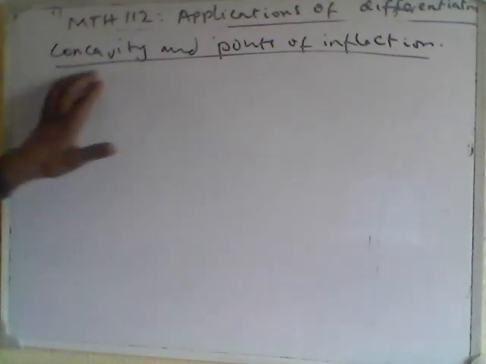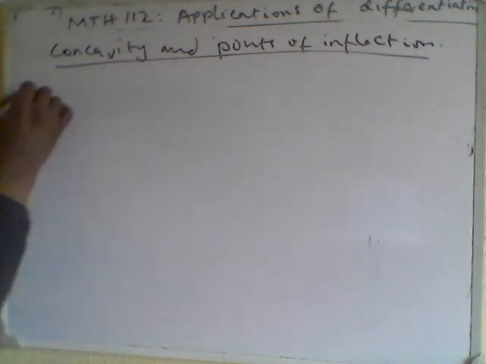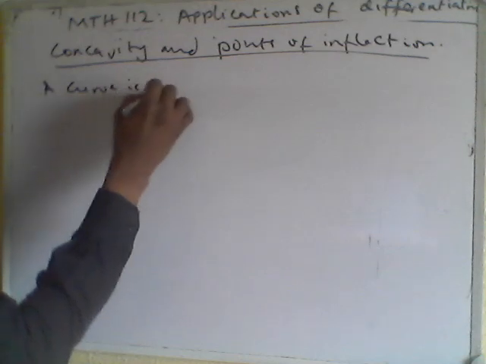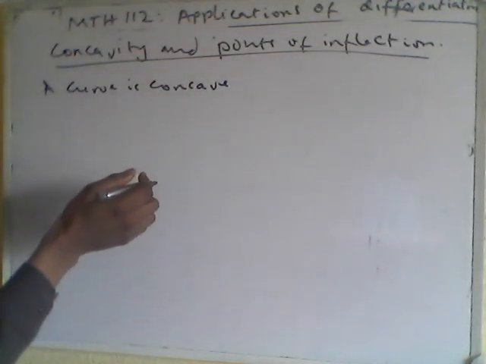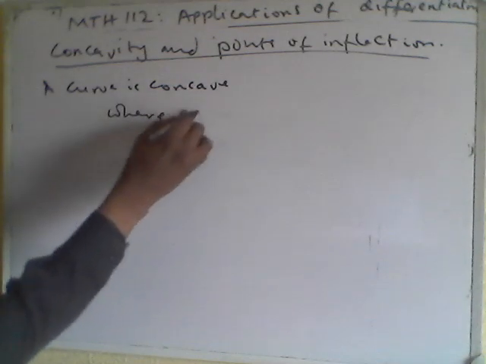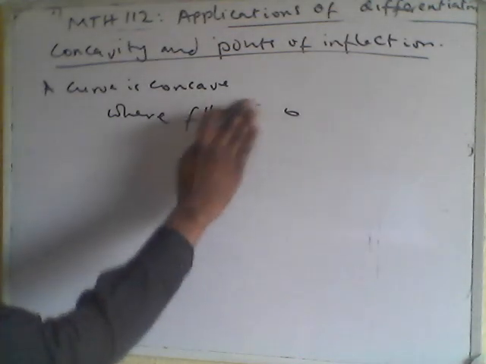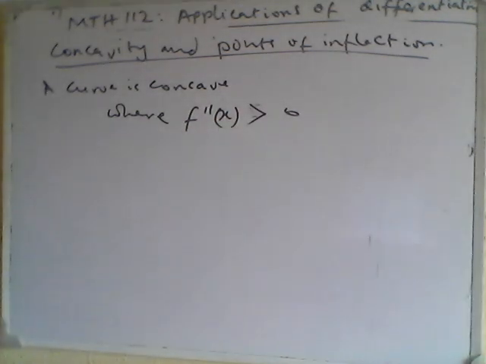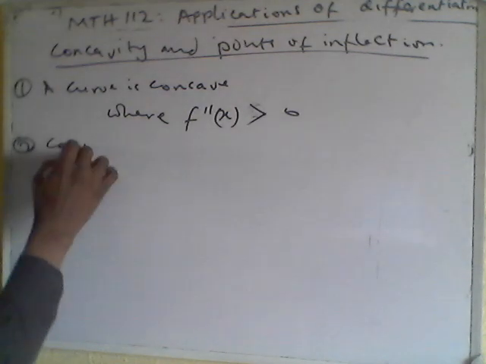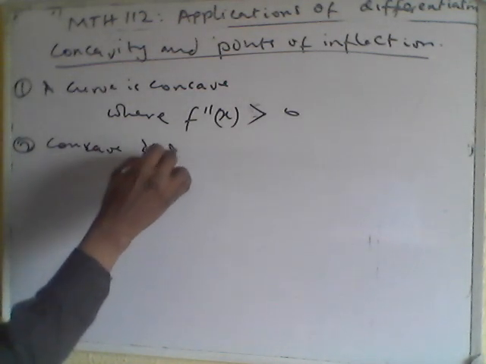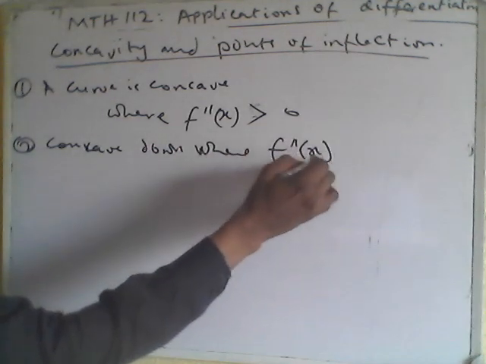So, concavity and point of inflection. A curve is concave up where f prime prime of x is greater than 0, and concave down, this is the number 1 condition, number 2 condition, concave down where f prime prime of x is less than 0.